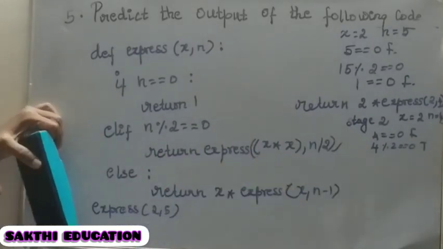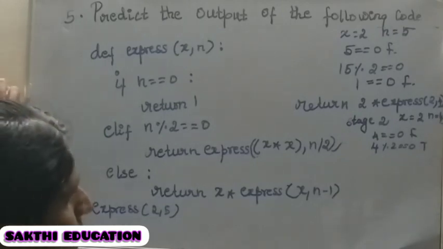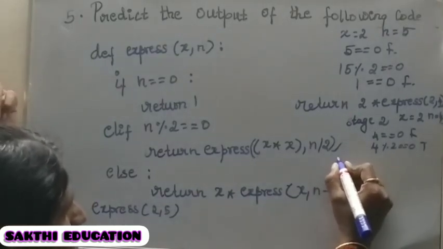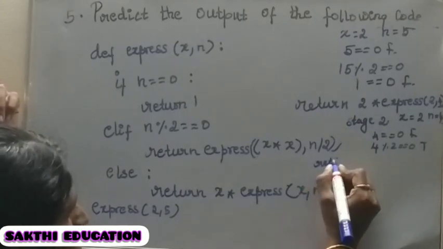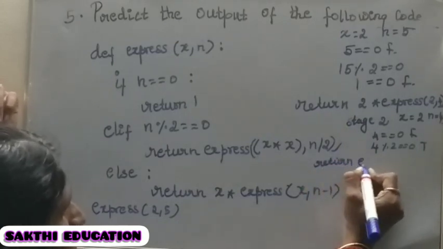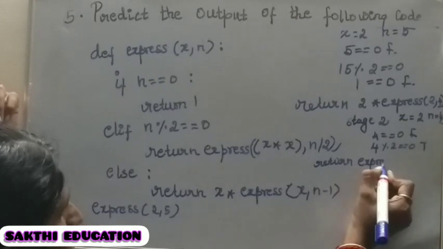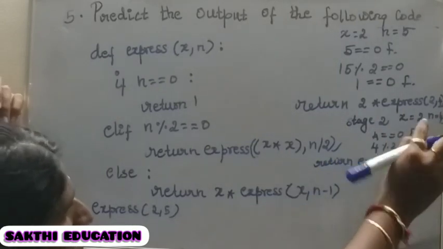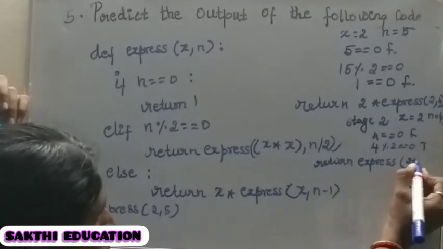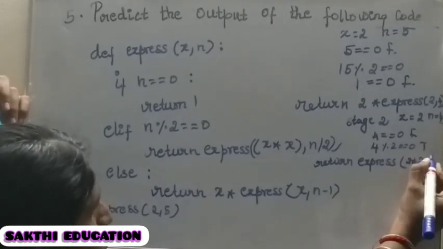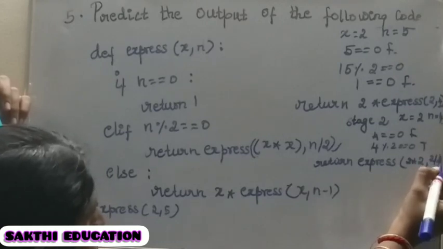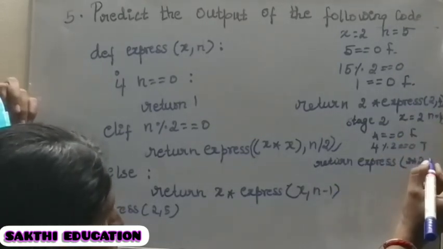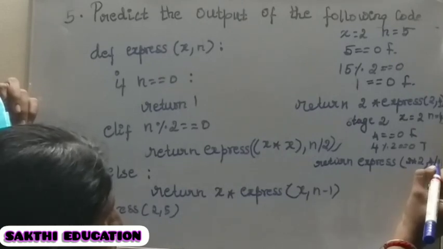Return express of x into x, n by 2. So what is it? Return express x into x. What is the x value? 2. 2 into 2, 2 by 2. Sorry, 4. N value is 4. X value is only 2. 4 by 2.